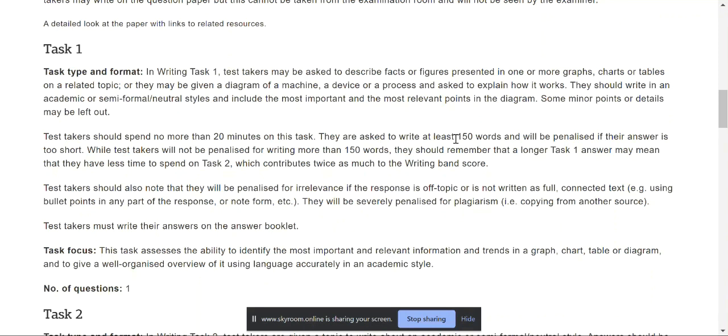Yearly, monthly, daily, the prices, you have to follow them. So it means you should know some keywords for how to describe and illustrate a figure for IELTS task 1.